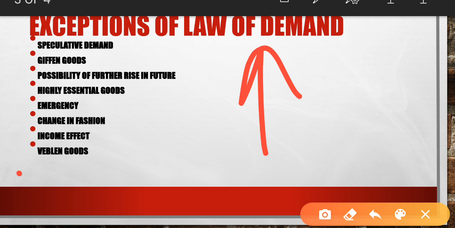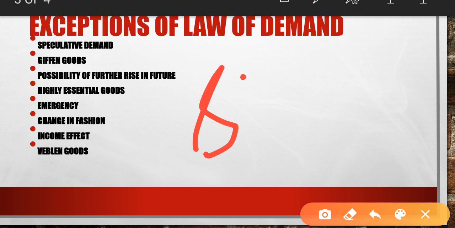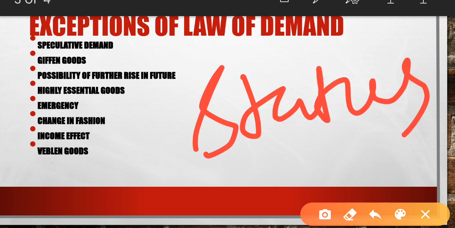Next come Veblen goods. Veblen goods are those goods which are called status symbols. Goods which show your status. Suppose everyone has an AC, but there are certain brands which show your status. Everybody used to have a phone, but if you have an iPhone you have a different status, right?